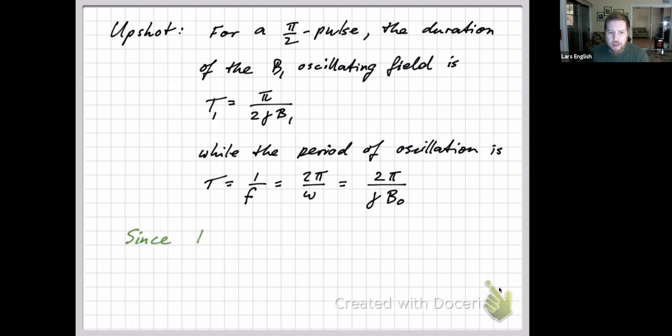We also know that B naught is much larger than B1 because B naught can be a static field. We don't need it to oscillate. So typically it's much easier to make that a very large field. And that also then implies that T is much less than T1. So there's going to be many oscillations that can fit into one of these pulses.